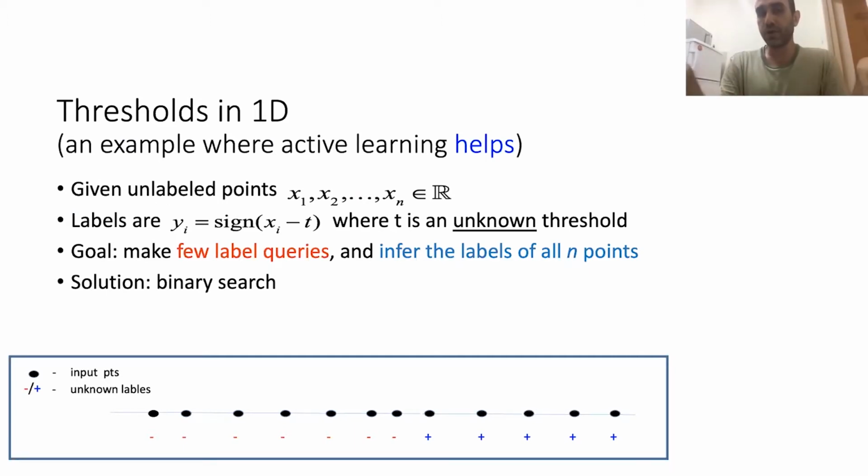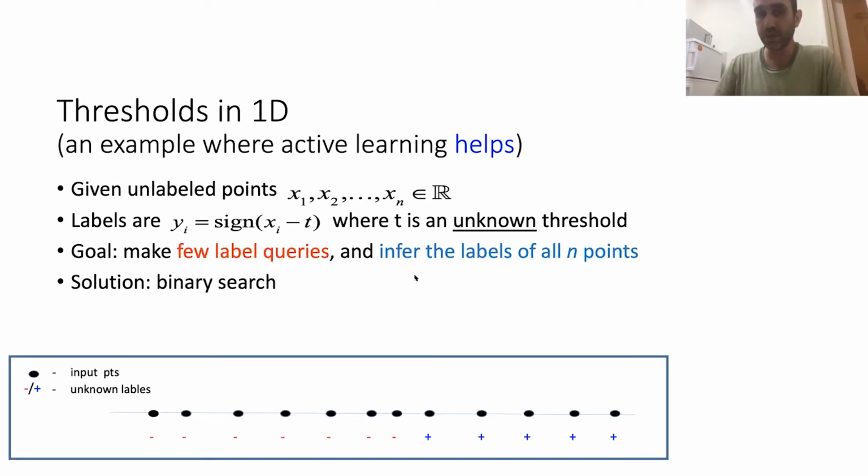And we also know that there is some unknown threshold, T. We don't know what T is, but we know that every point above this threshold is labeled positively, and every point below this threshold is labeled negatively. And the question is, how many labels must we query in order to identify all labels?